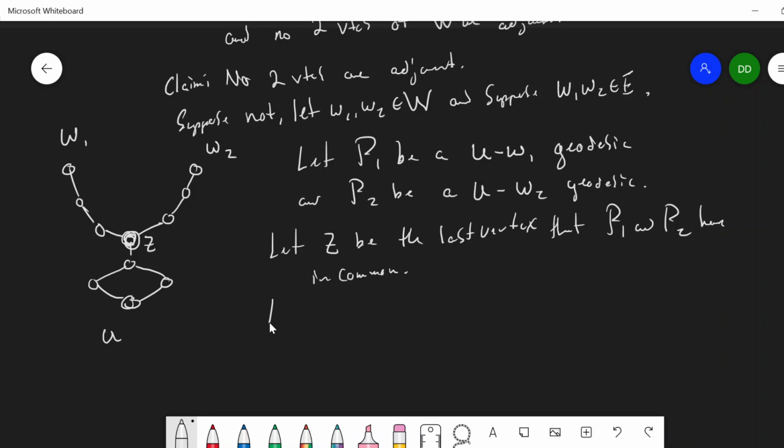So I'm going to let P1 prime... I sort of want to throw out this first part of the path, and I just want to focus on the last part of each path, that is Z to W1.